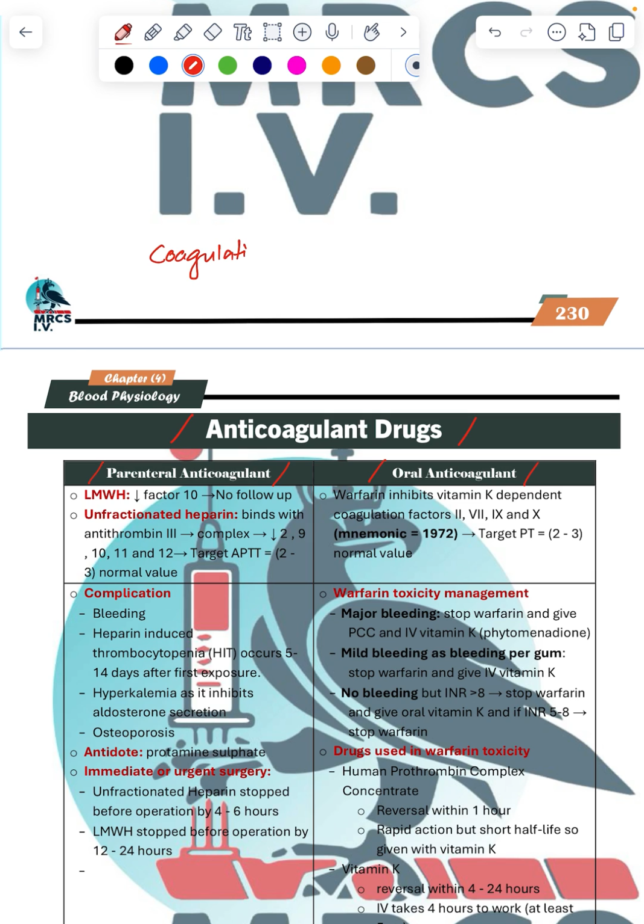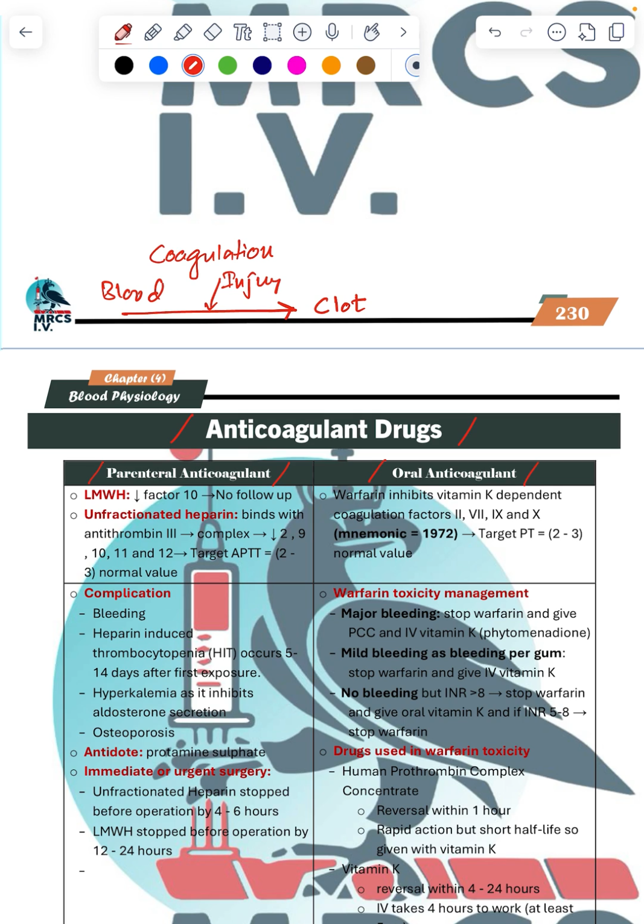Coagulation. So normal blood is flowing, and whenever there is injury, that is getting clot formation.